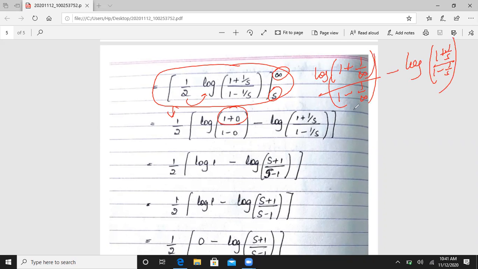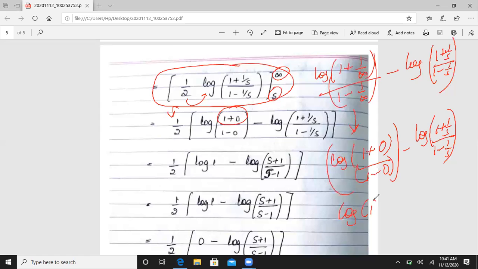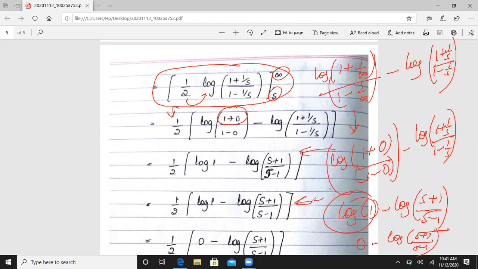So here 1 by infinity is 0, giving log of 1 plus 0 divided by 1 minus 0, minus log of the same lower term. This gives log of 1 minus log of s plus 1 divided by s minus 1.